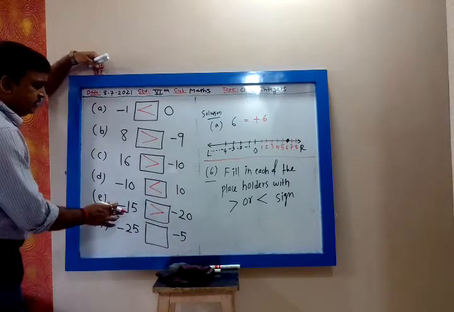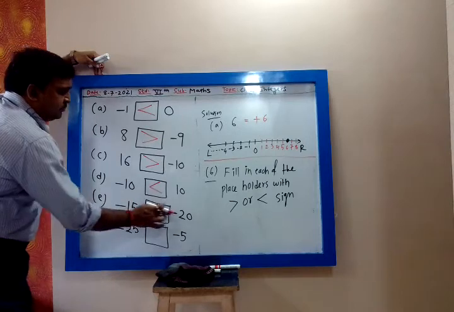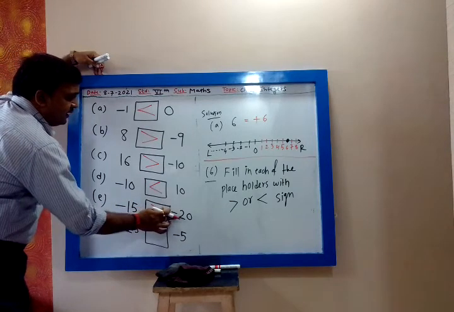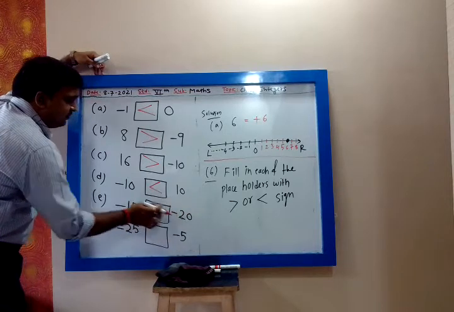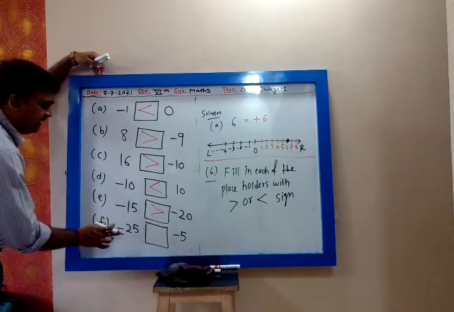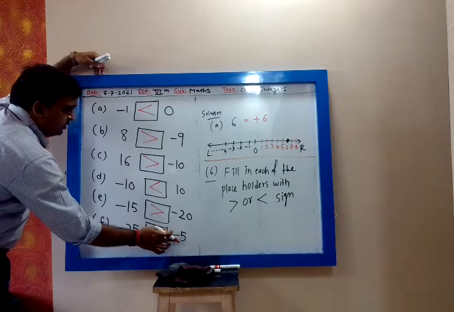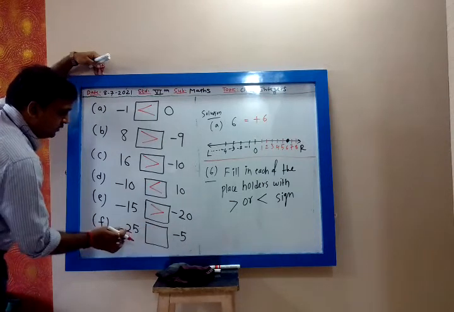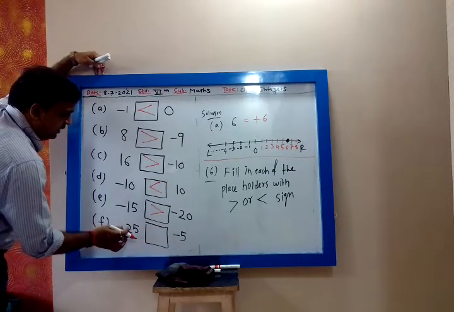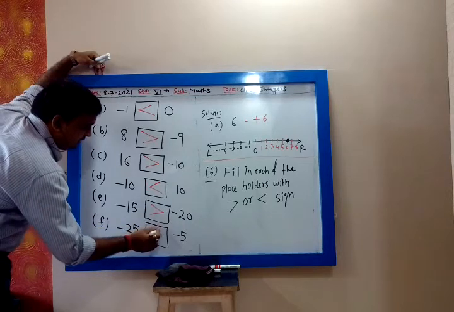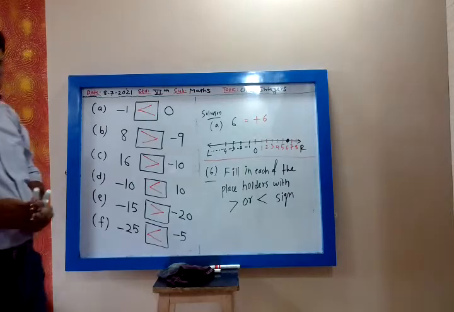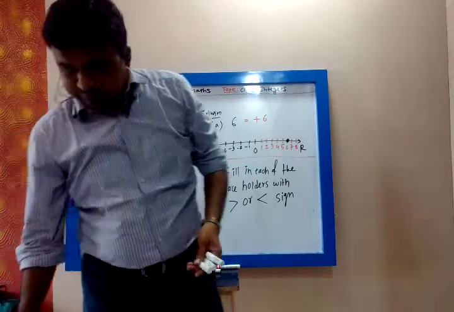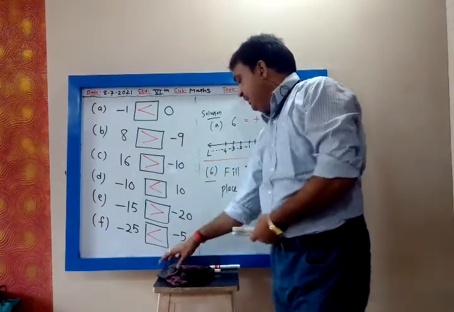In negative integers, if the number is bigger, that will be smaller integer. Minus 25 and minus 5, again both are negative. 25 is bigger number, so minus 25 will be smaller integer.